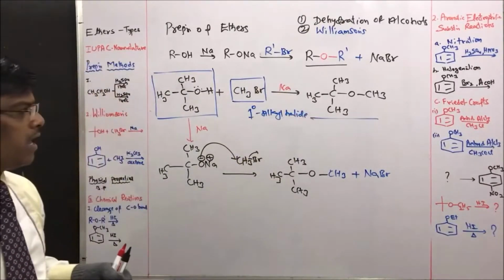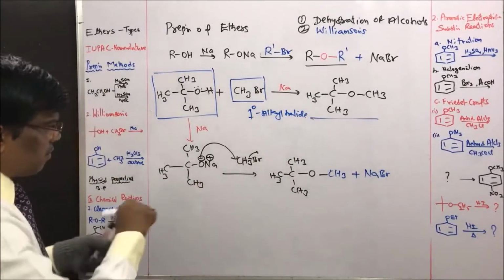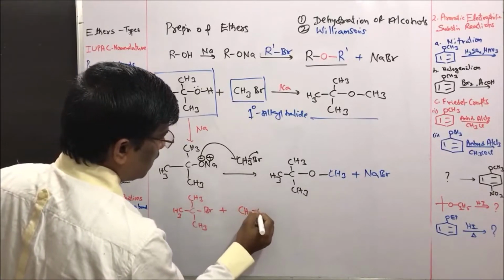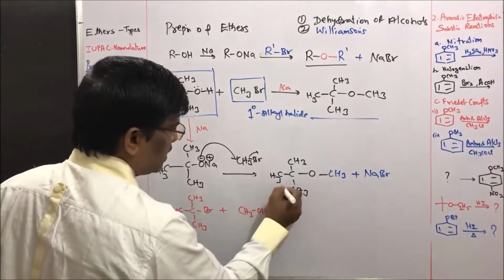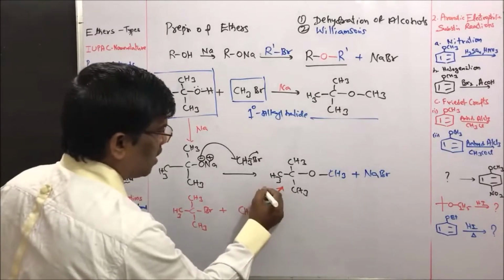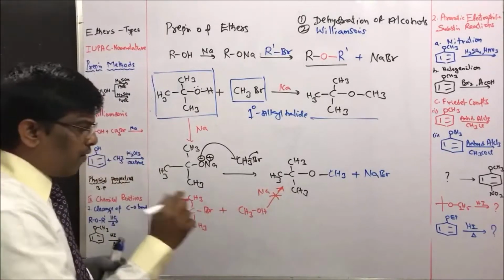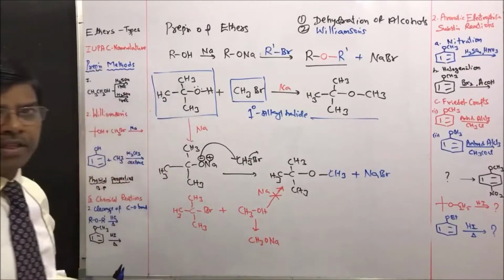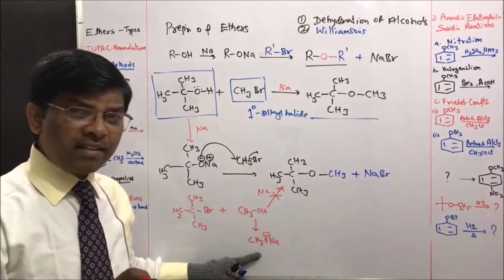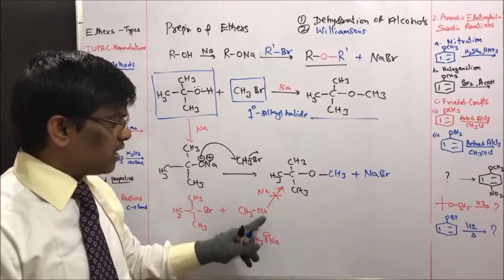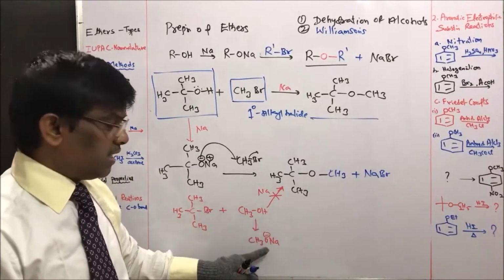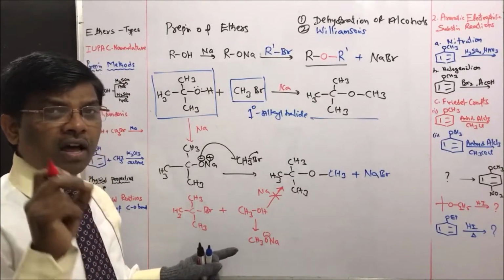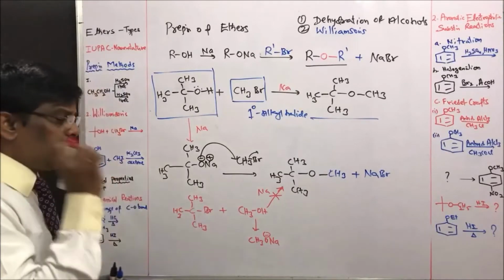Otherwise, what is going to happen if I take this side, for example tertiary bromide plus methanol? You may say it gives the ether like this also. Am I going to get this? No. In presence of sodium, sodium methoxide is going to form first. This sodium methoxide is a base also. It is in alcohol solution, that is methanol, and it is a strong base. Alkyl halides in presence of an alcoholic base undergo elimination reaction.